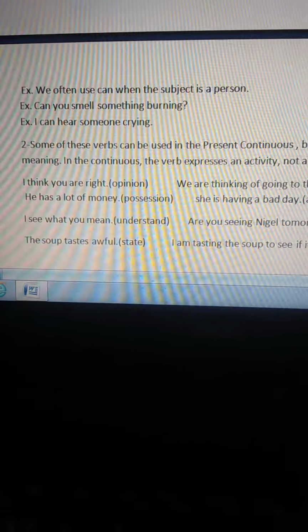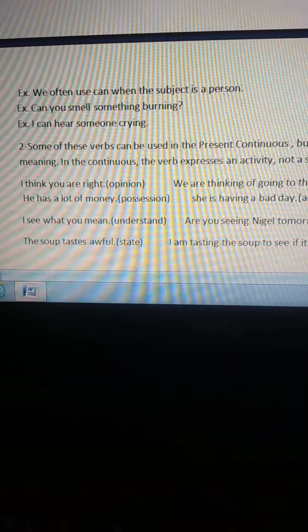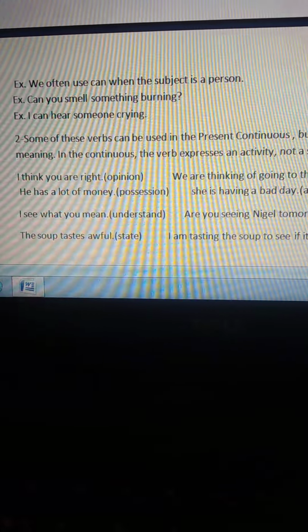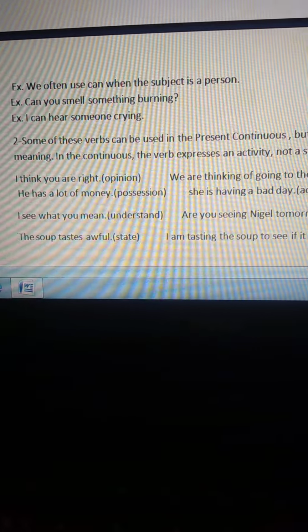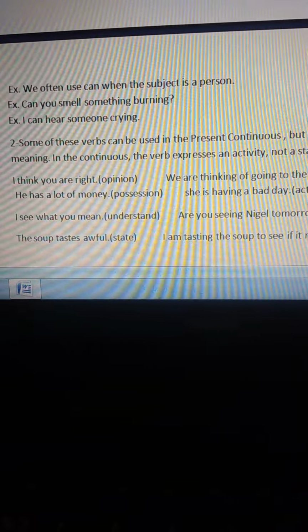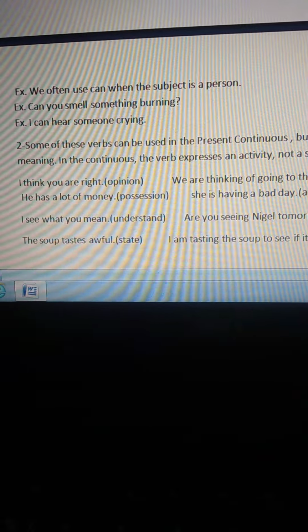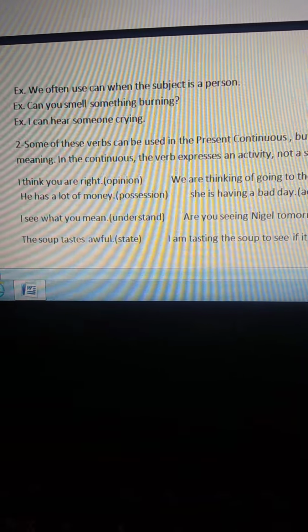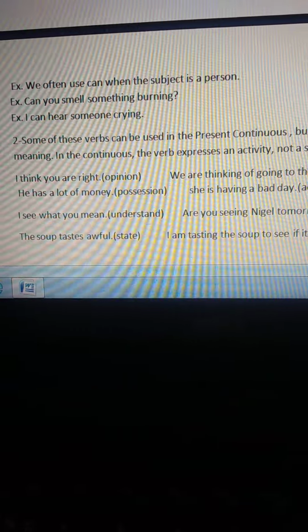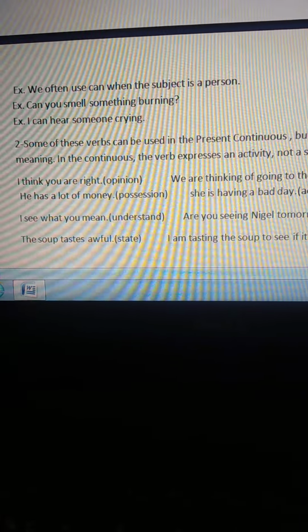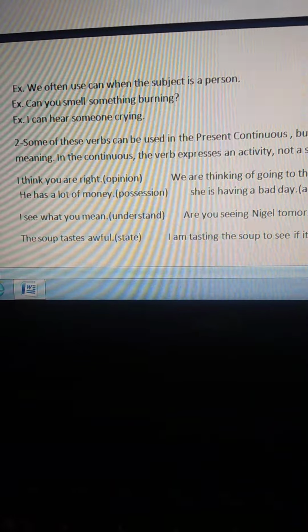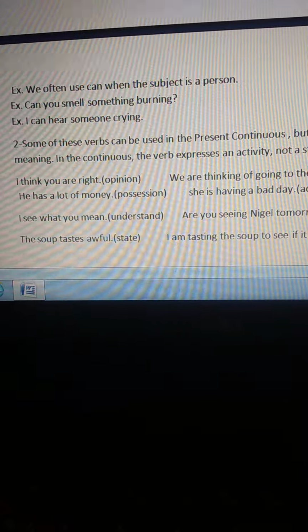The second sentence: We often use can when the subject is a person. The third sentence: Can you smell something burning?